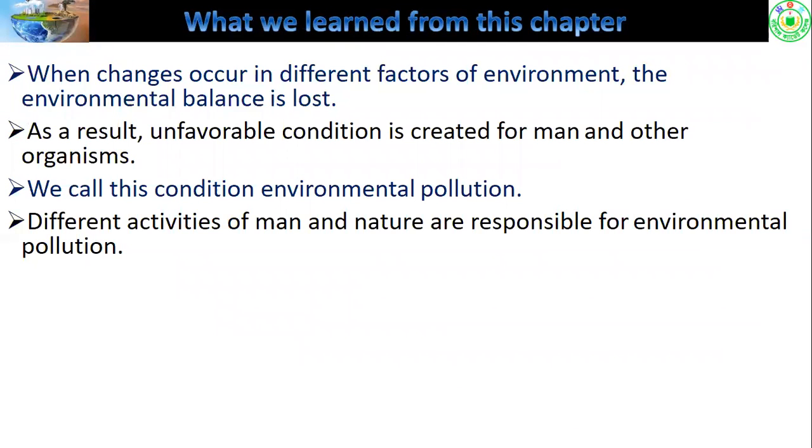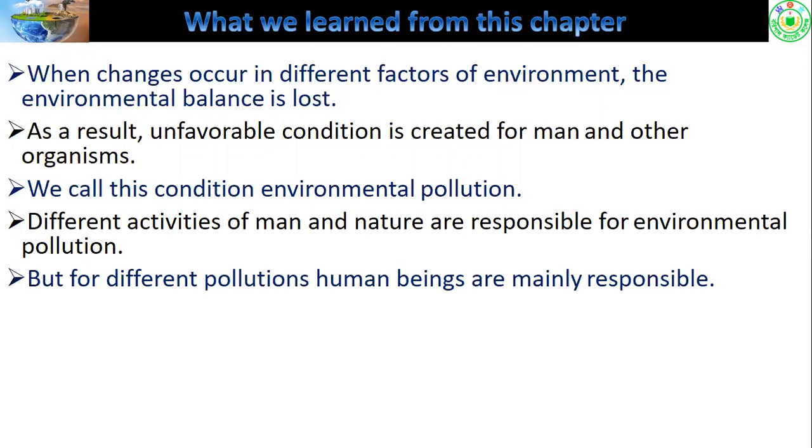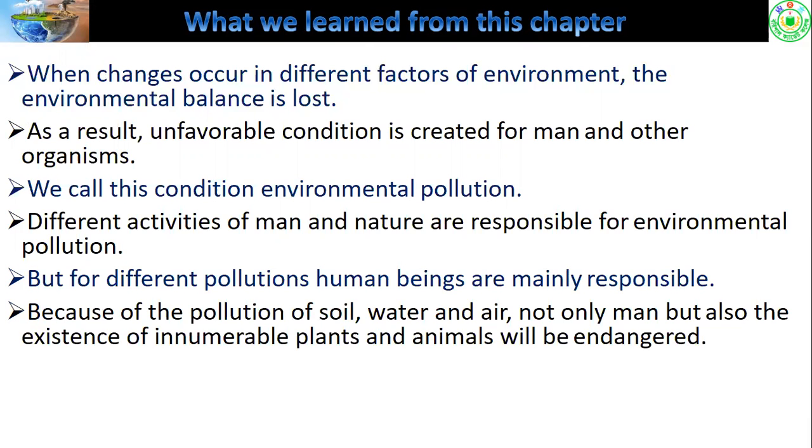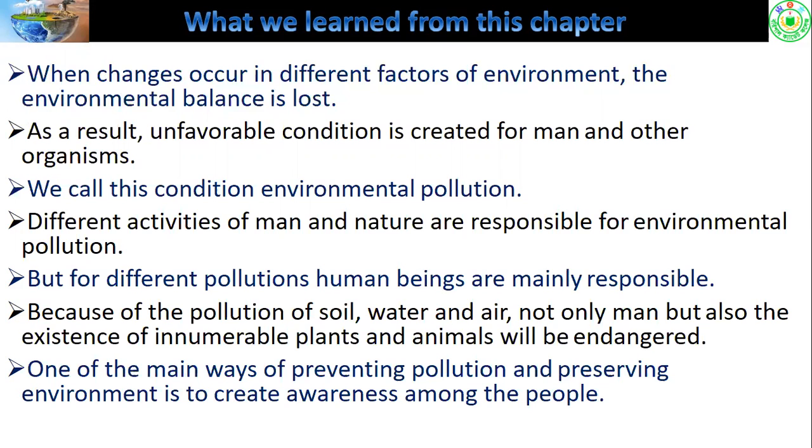Different activities of man and nature are responsible for environmental pollution, but for different pollutions, human beings are mainly responsible. Because of the pollution of soil, water, and air, not only man, but also the existence of innumerable plants and animals will be endangered.